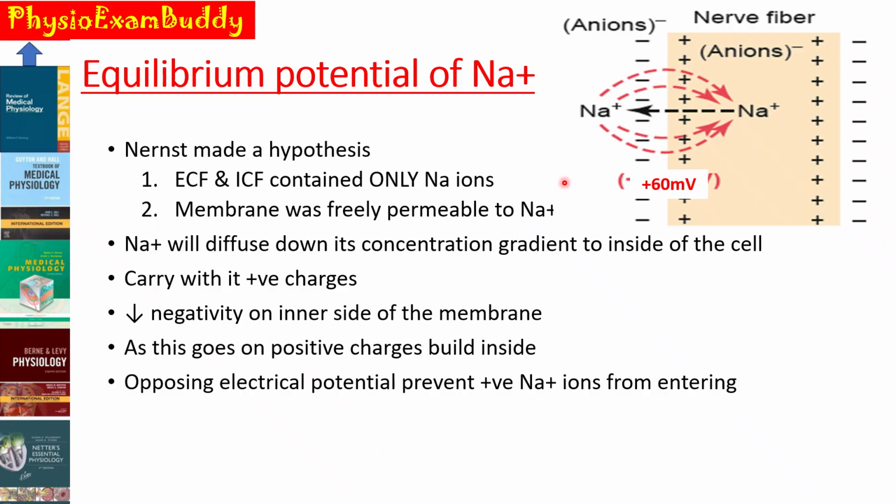So the sodium will diffuse down its concentration gradient from the outside of the cell to the inside of the cell, carrying along with it the positive charge, because sodium is a positively charged ion. So more positive charge will accumulate on the inside of the membrane, which will decrease the negativity on the inner side of the membrane. As this goes on, the positive charges will build up inside, which will oppose the electrical potential and prevent the positive sodium from further entering into the cell.